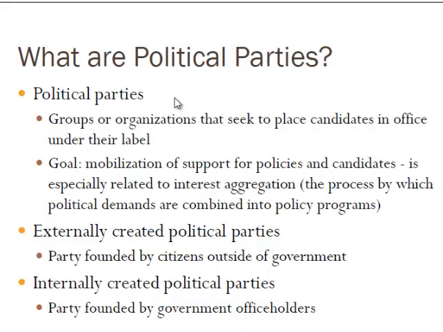So political parties are really groups or organizations that seek to put candidates in office under their label: Republican, Democrat, Independent, Conservative, whatever. The goal of political parties is to mobilize, which means to gather, support for policies and candidates, especially related to interest aggregation.